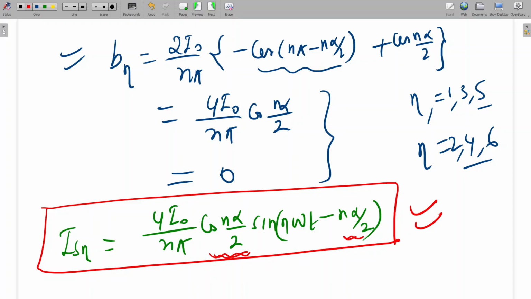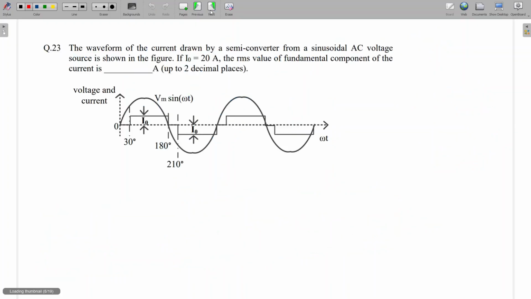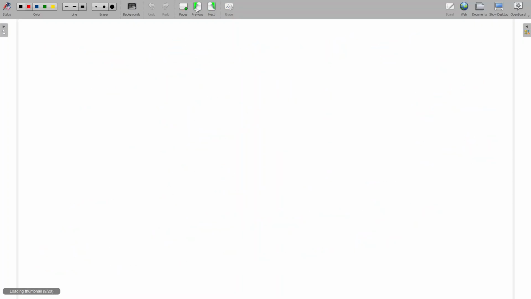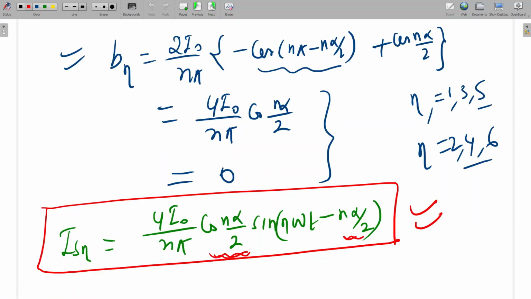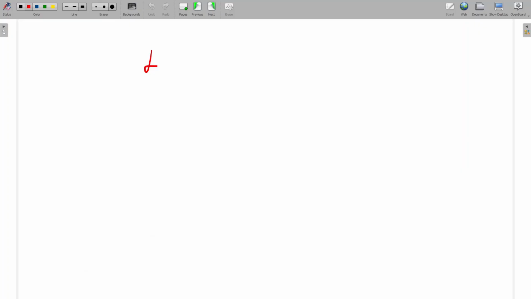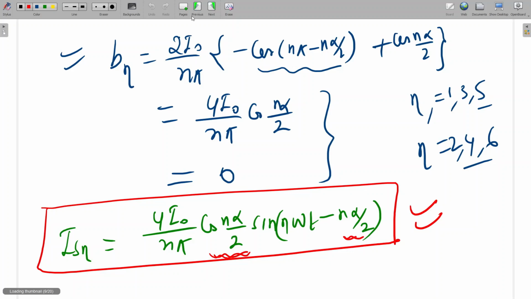Yes, sir. Clear. Okay, so for this one we can write the fundamental also. Since this is ISN, ISN is equal to 4 I naught upon n pi. This is a semi converter. This is the fundamental waveform, and it will be shifted by alpha by 2.